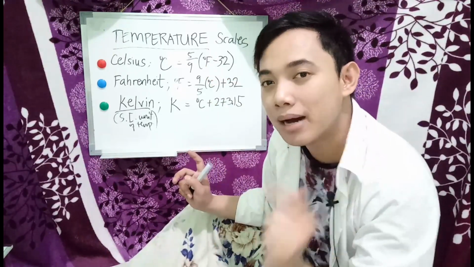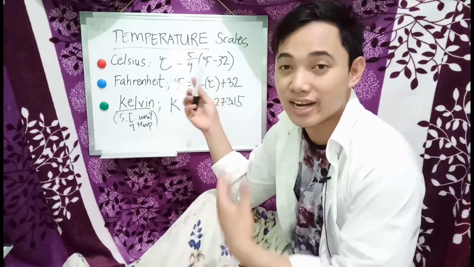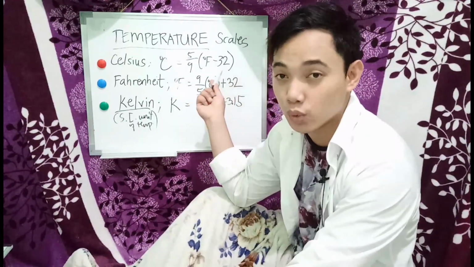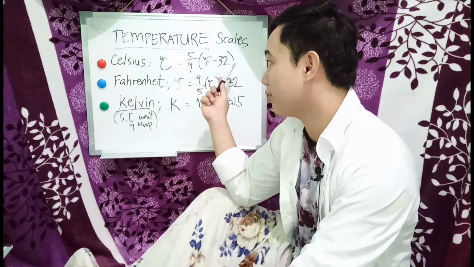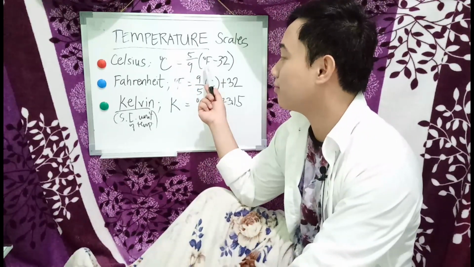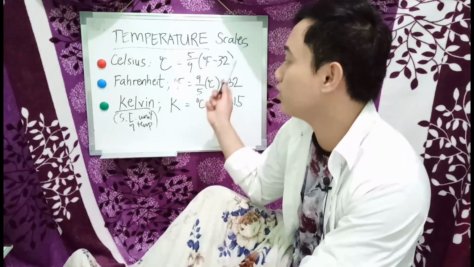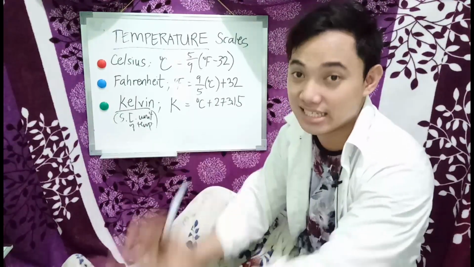Kasi mababa dapat yung value ng degree Celsius. So yung value ng degree Fahrenheit sa given, ima-minus mo siya ng 32, saka mo i-multiply sa 5 over 9. So yun yung makukuha natin sa degree Celsius.